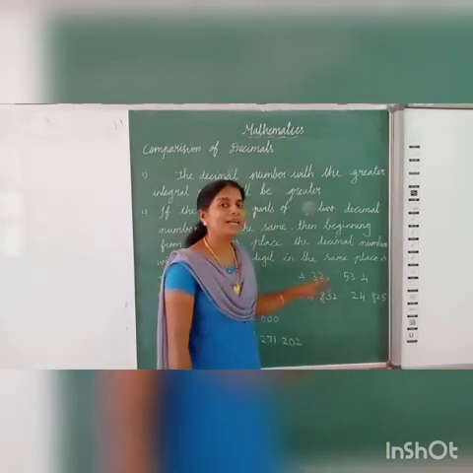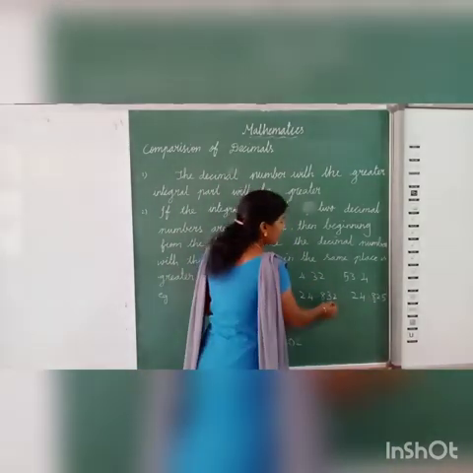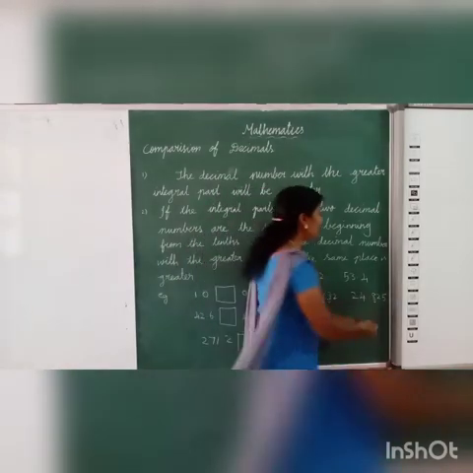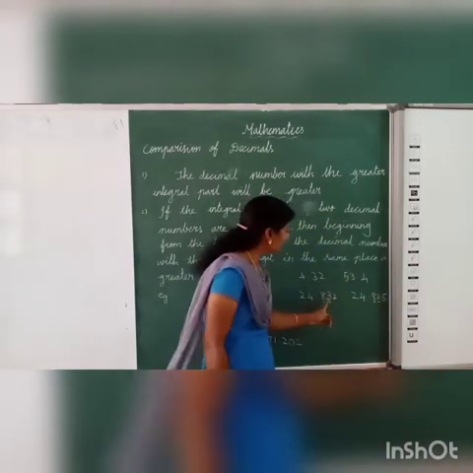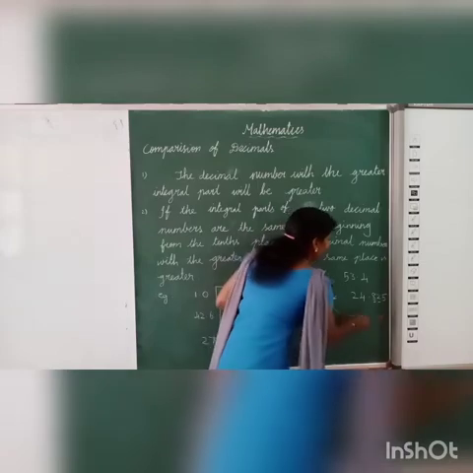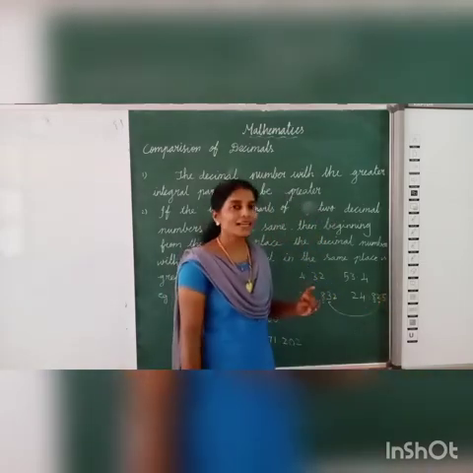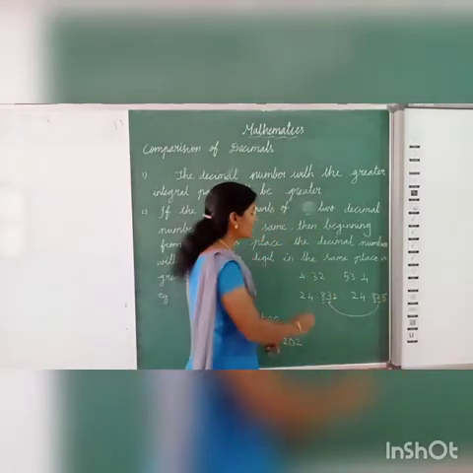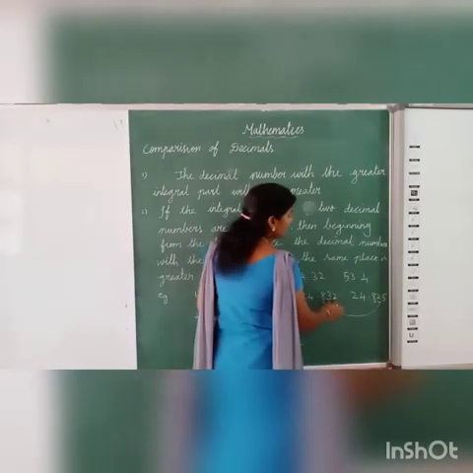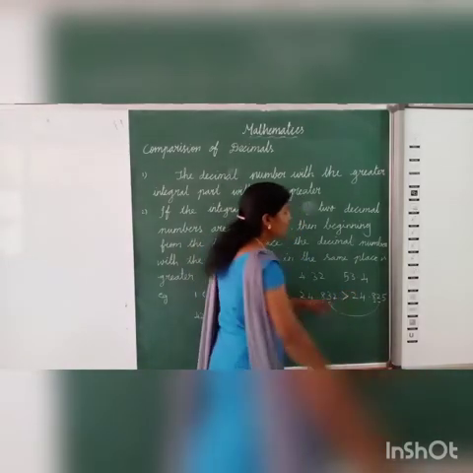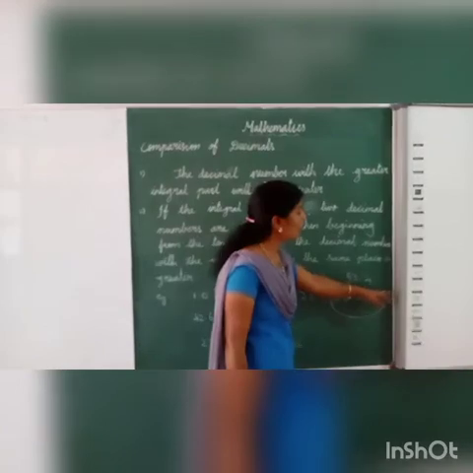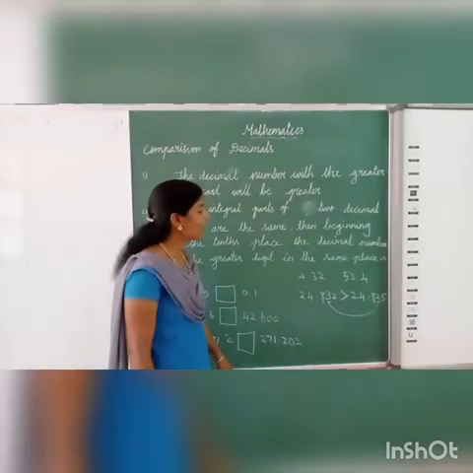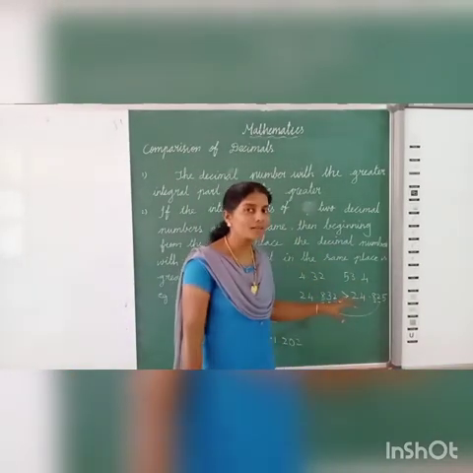Now we move to the hundredths place. So in the hundredths place we have 3. Now here 2. Listen, this hundredths place 3 and 2. Which is greater? 3. So we can say 24.832 is greater than 24.825. Clear? First we compare the integral part.